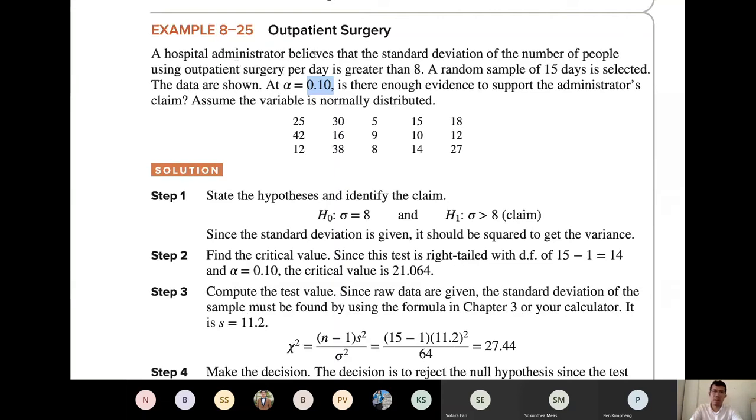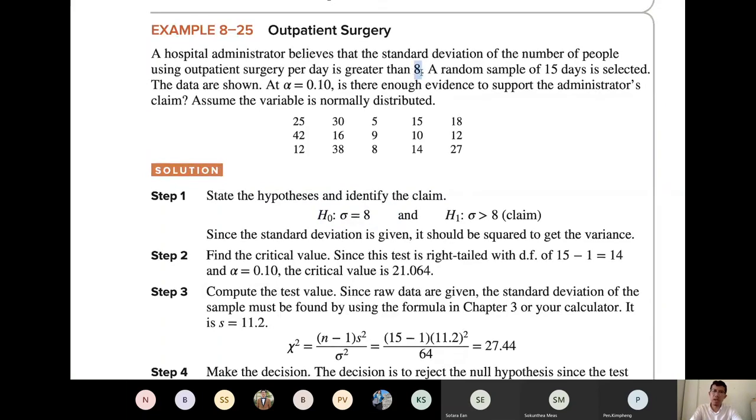How does he claim? He claimed that the standard deviation of the number of people using the outpatient surgery per day is greater than this. So you may come up with this hypothesis and identify the claim. This is the null hypothesis.